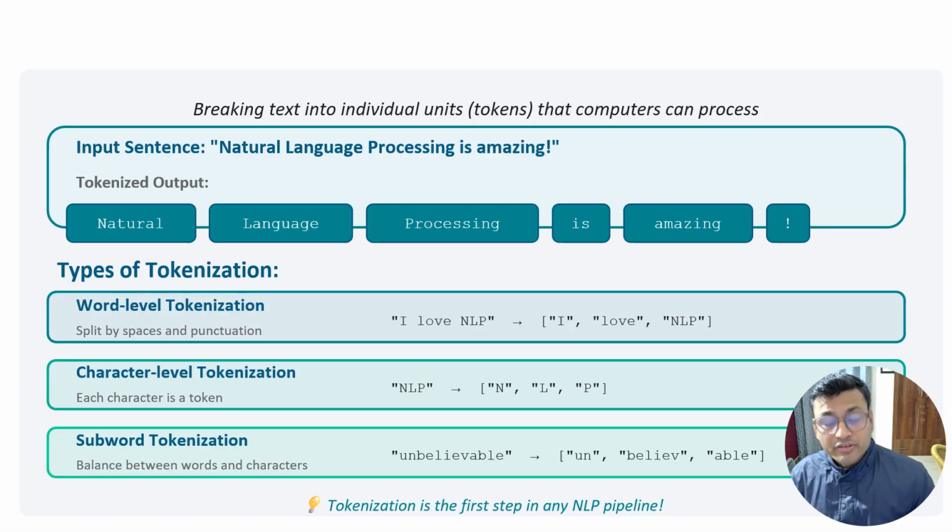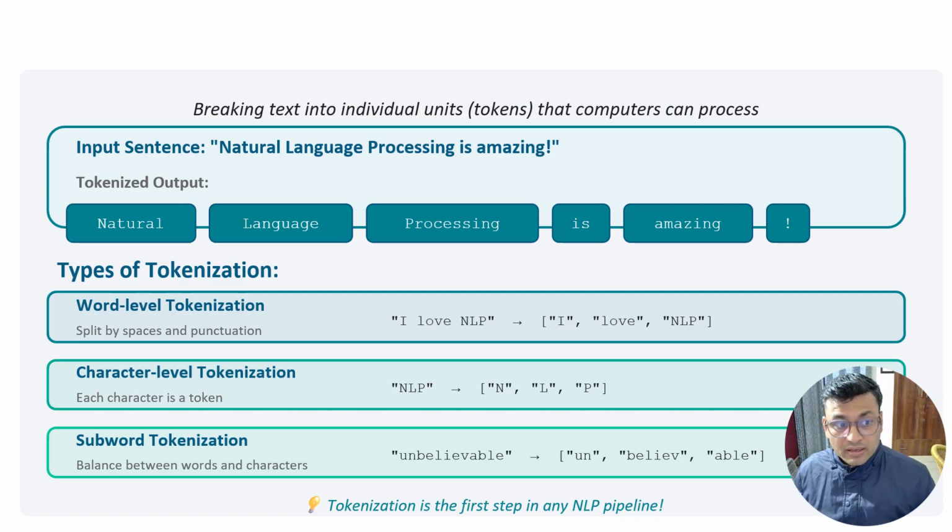Before going to the next foundation pillar, this is a great example of how tokens basically work: breaking text into individual units, what we call tokens, that a computer can process. For example, there is a sentence, natural language processing is amazing. This is the input sequence, the input for machine NLP.